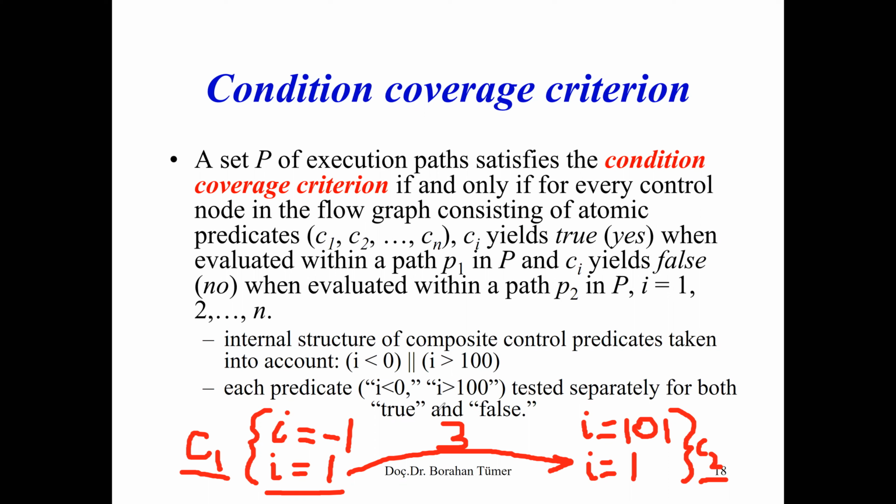So the condition coverage criterion can be defined using this statement, and we have shown it using this example. Do you understand what's going on? Do you have any questions here? All right.